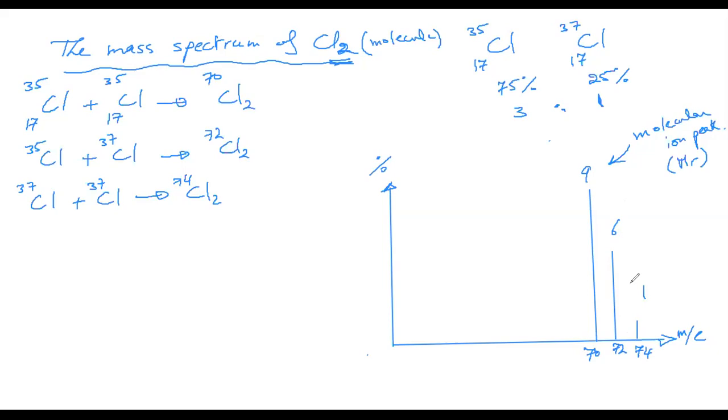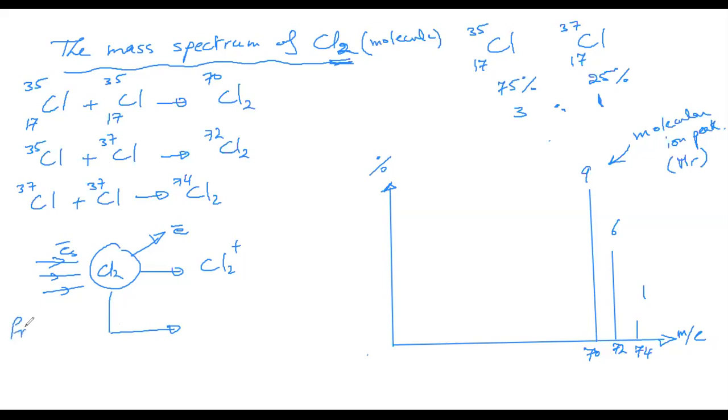Now, the second step is that when we subject our chlorine element to beams of electrons, either an electron is ejected and chlorine forms Cl2 positive, or else, since this is a molecule, it is going to be broken into its atoms, the chlorine atoms.